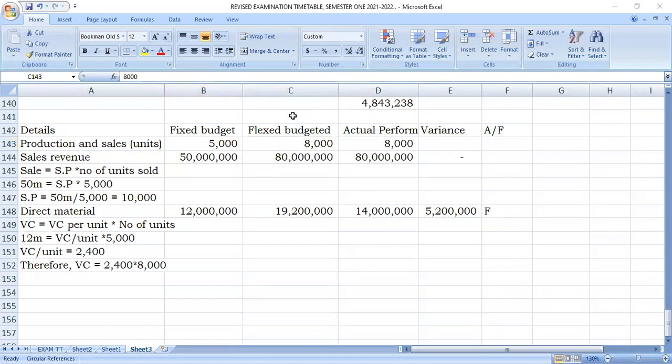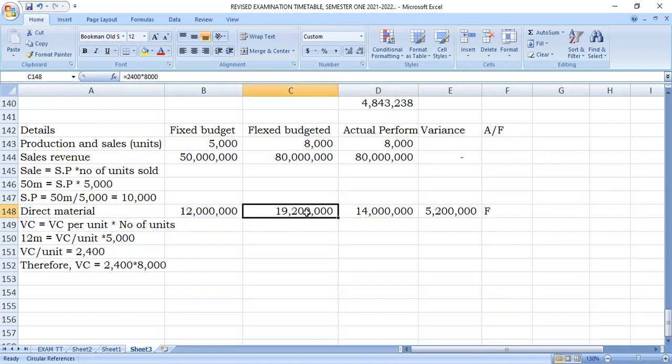How did we get the 5.2 million variance? You compare the budget and the actual. You have 19,200 for the budget. Now officially comparing two tall people, 8 and 8, two tall guys. Our actual was 14 and our tall guy now, the budget, is 19,200. When you compare the two, it doesn't matter what comes first or last. The difference must always be positive, big minus small.